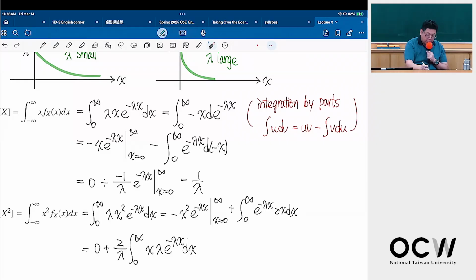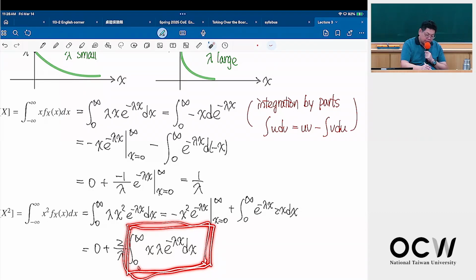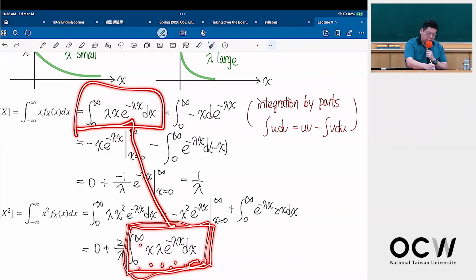Then I would like to ask you, what is this integration, the integral from 0 to infinity of x times lambda e to the minus lambda x dx? That's here, right? This is the expectation of your exponential random variable.